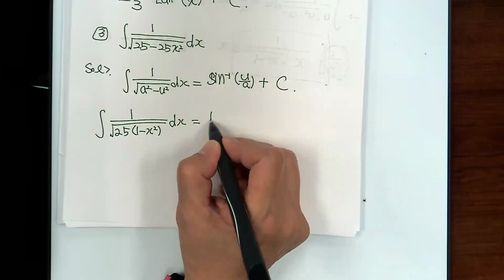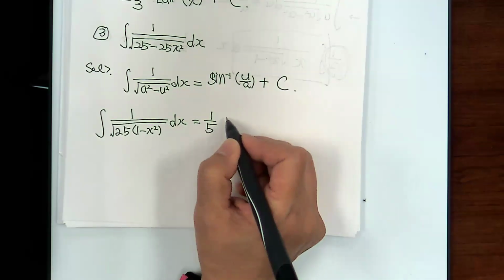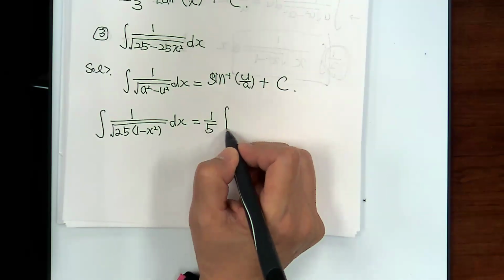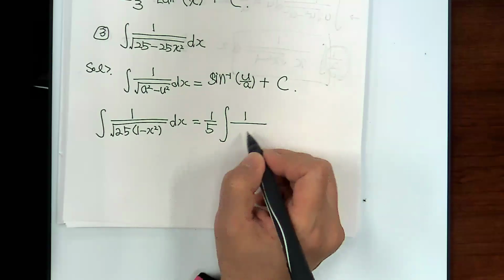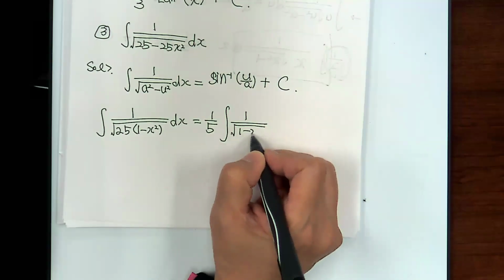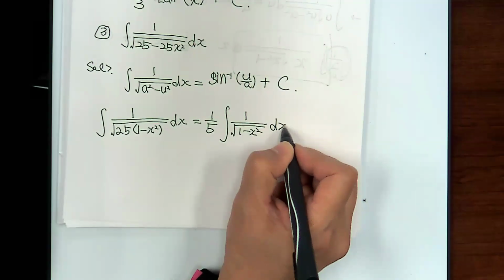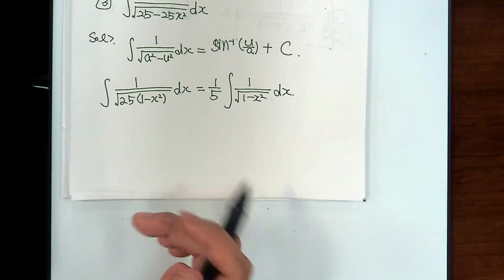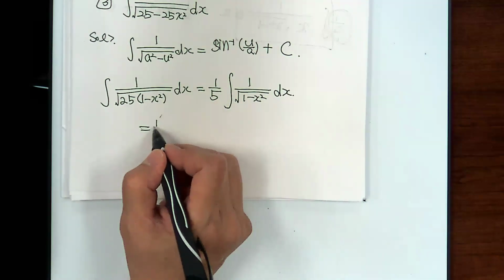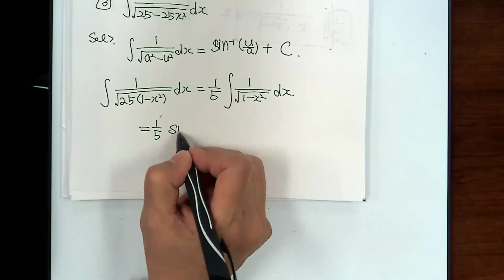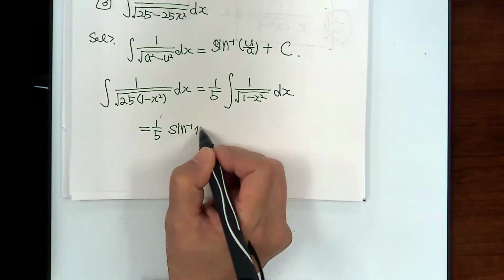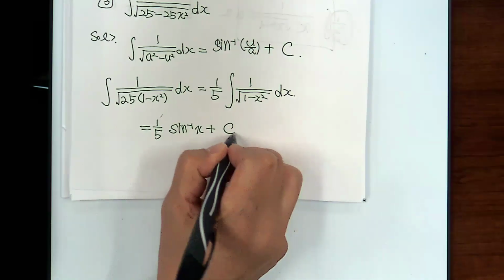I will write it in front of the integration. So 1 over 5 integral of 1 over square root of 1 minus x squared dx. So what is that? That is 1 over 5 sine inverse of x plus c.